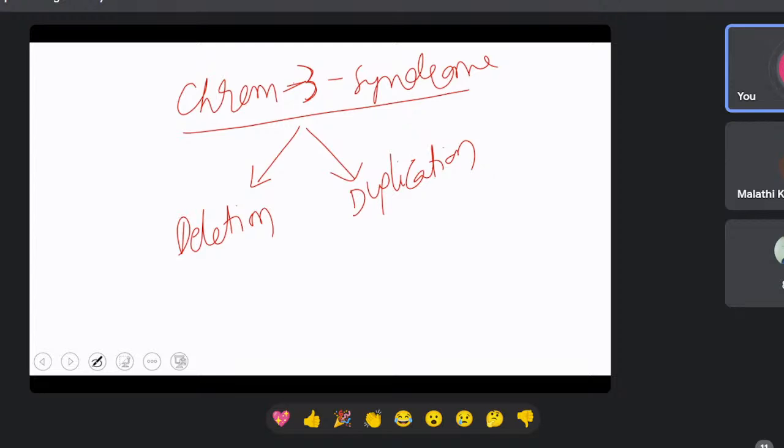So thank you. Chromosome 3 syndrome. Here, the same chromosome undergoes deletion as well as duplication. Hence, we call it chromosome 3 deletion duplication syndrome. Where does it happen? It happens in the genes responsible for the alpha and beta subunits of hemoglobin.